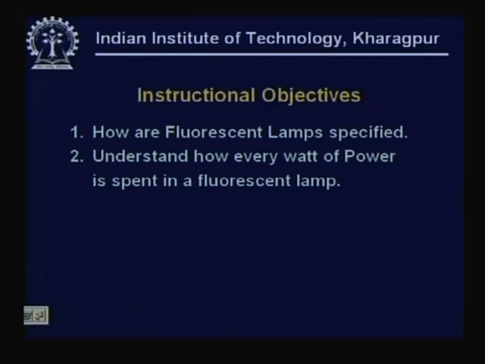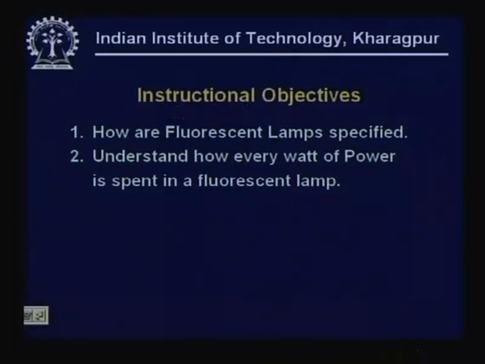Remember, when we moved from incandescent to discharge lamps, one interesting thing which enabled us to consider these was, notwithstanding the line spectrum, the good light efficacy. Light efficacy, recall, was talked in terms of lumens per watt, that is the light flux radiated for every watt of energy consumed. The first objective says how are fluorescent lamps specified. We will look into it.